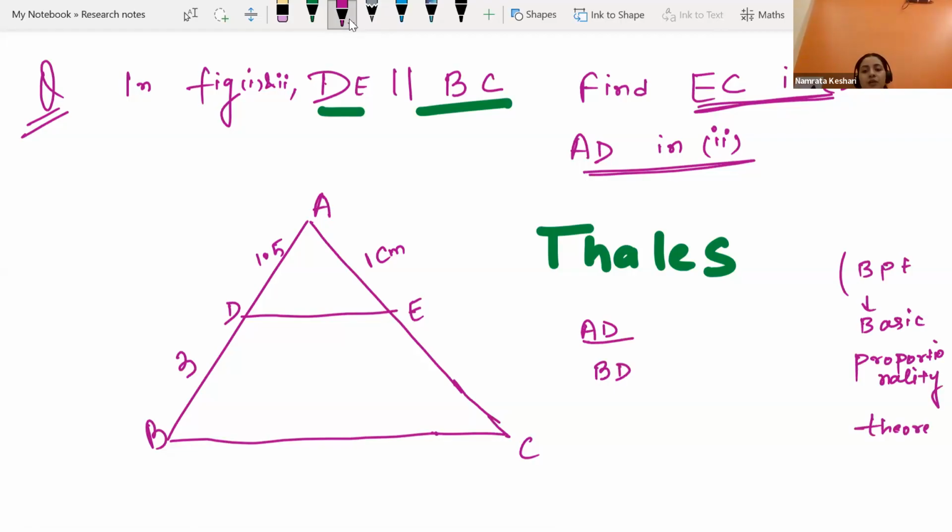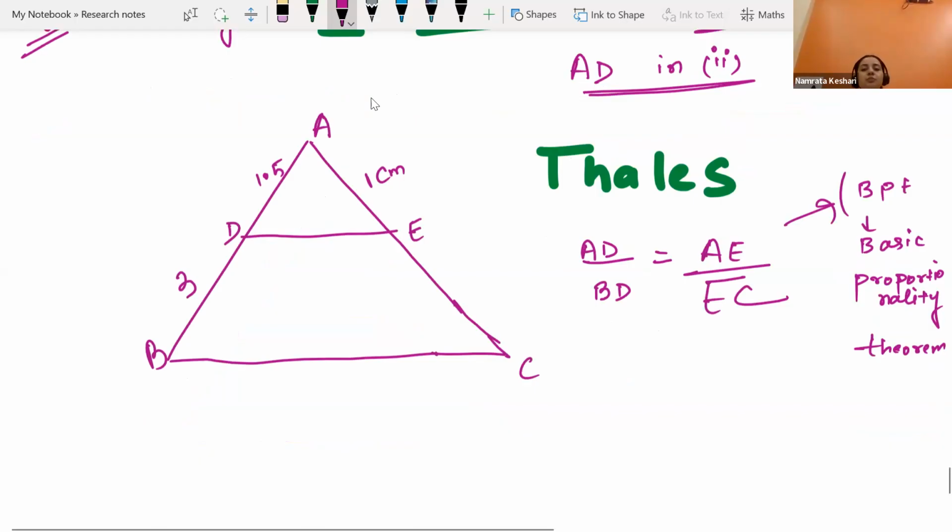So AD by BD must be equal to AE by EC by BPT theorem or by basic proportionality theorem. Don't write the short form, but in case the short form is given, you know that. So Thales theorem or basic proportionality theorem.